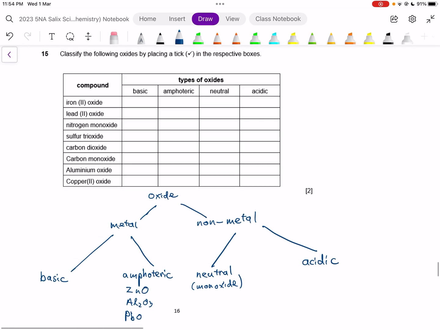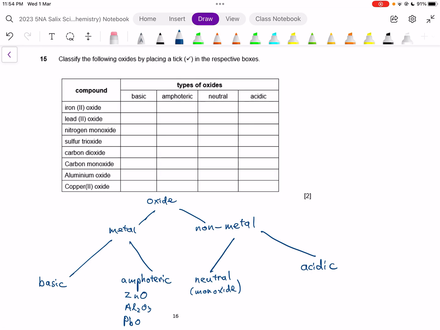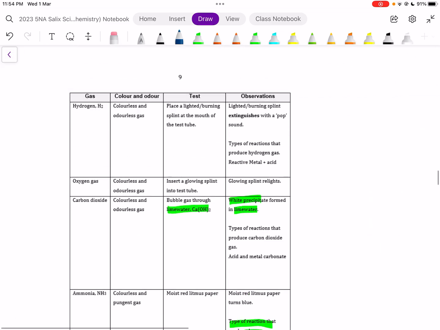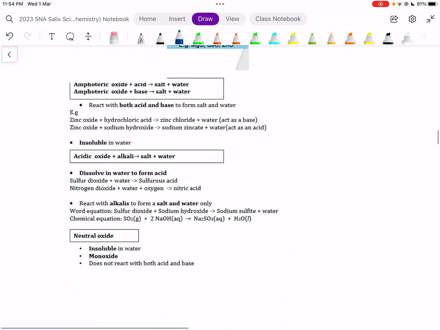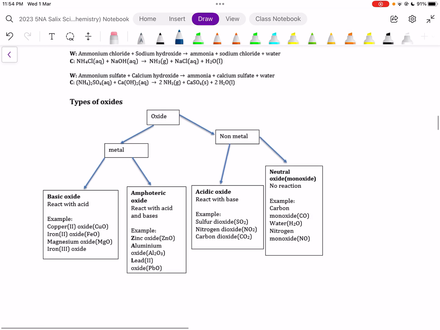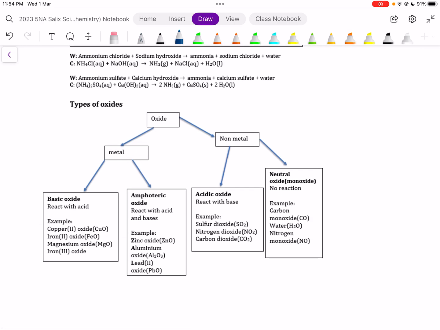Okay, then let's look at oxides. To do a quick recap on oxides, I'm copying out this flowchart from page 5 of your notes, under oxides. Basically, I have 4 types of oxides. Under metals, I have basic and amphoteric, which react with acids and bases for amphoteric.